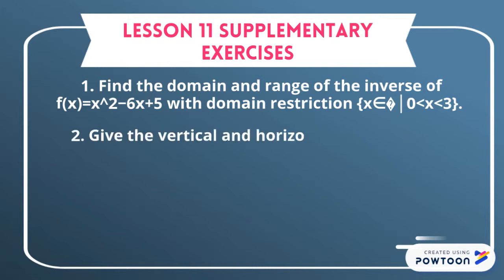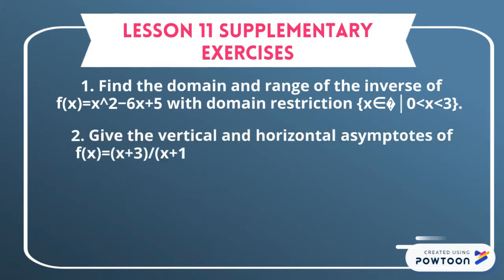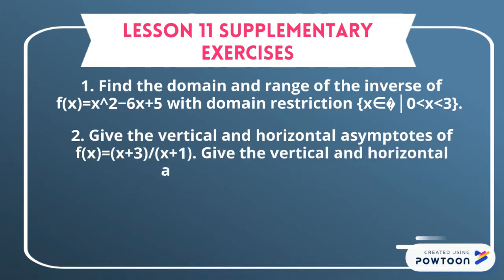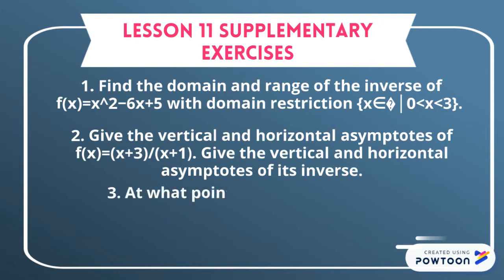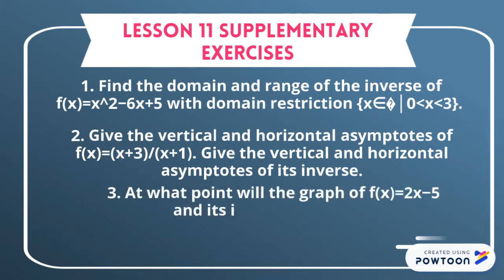Give the vertical and horizontal asymptotes of f of x is equal to x plus 3 all over x plus 1. Give the vertical and horizontal asymptotes of its inverse. Number 3. At what point will the graph of f of x is equal to 2x minus 5 and its inverse intersect?